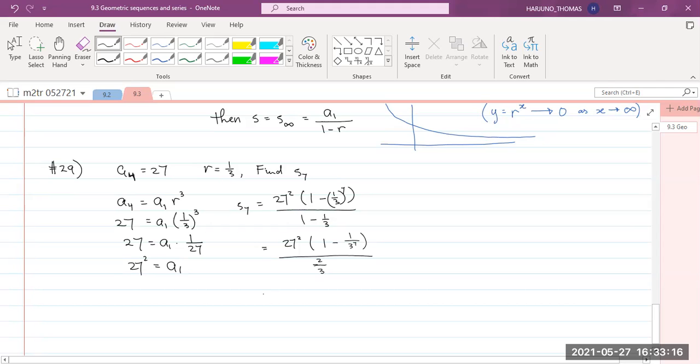Let me multiply, you know what? 27 squared is 3 cubed squared, 3 to the 6. If I multiply the top and the bottom by 3, then I will get 3 to the 7th times 1 minus 1/3 to the 7th, over 2.